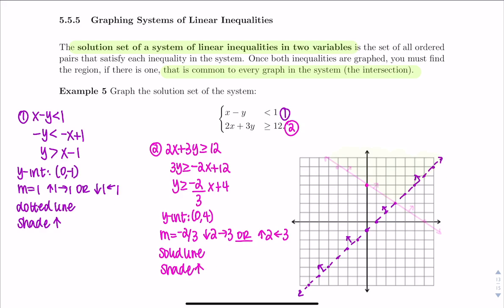So at 0, 4, we go down 2 and to the right 3. Or we can go up 2 and to the left 3. This is a solid line. And we're shading above.